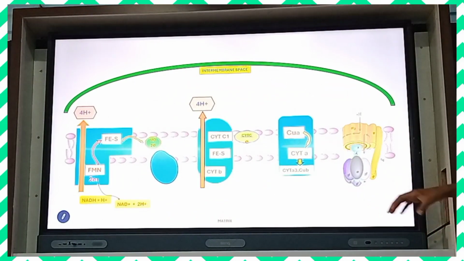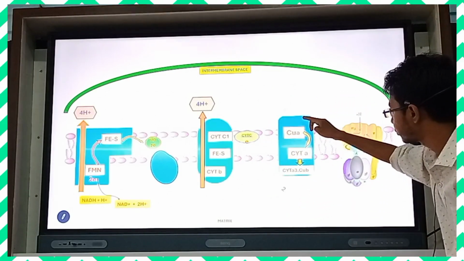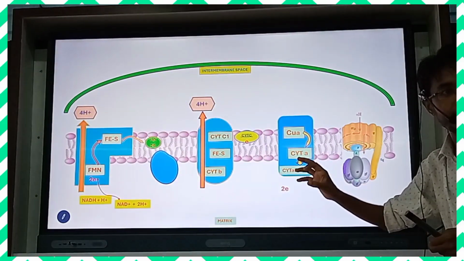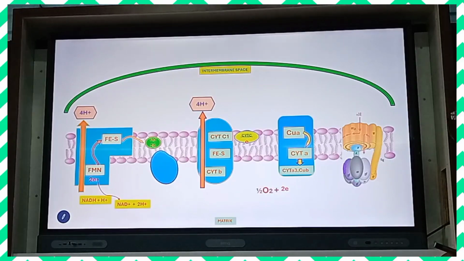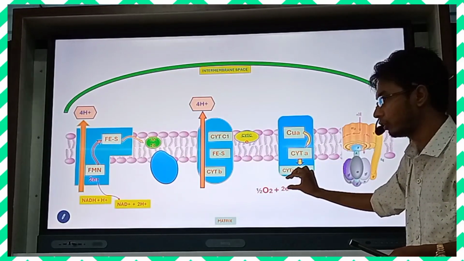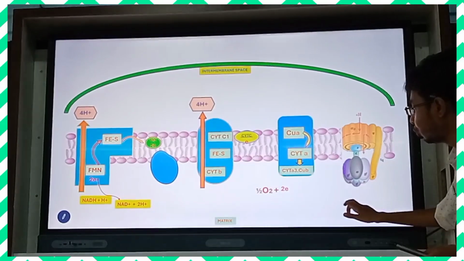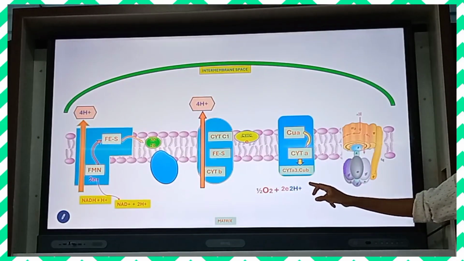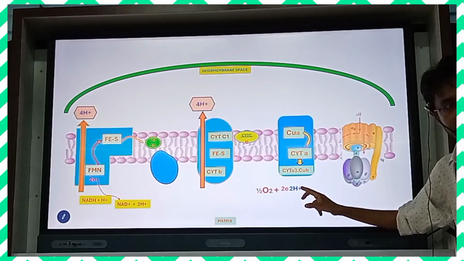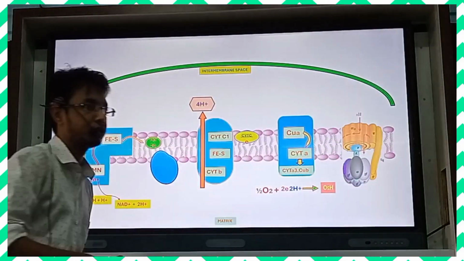Now the electron from complex 4 is added to molecular oxygen. In this reaction, molecular oxygen, the electrons and two protons, 2H plus, form H2O.